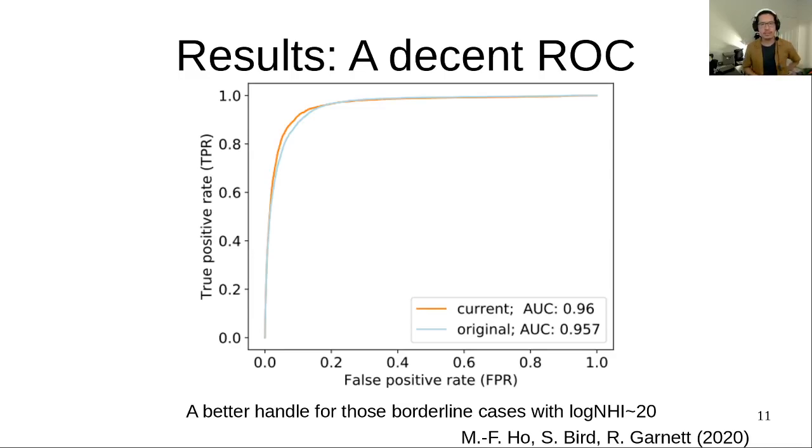The AUC score is the area under the curve, which can be interpreted as the accuracy of the model predictions. And in the middle part of the curve, our current model is closer to the upper left corner. This means we have better handling of sub-DLAs with our current model.